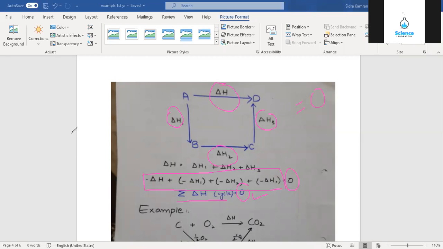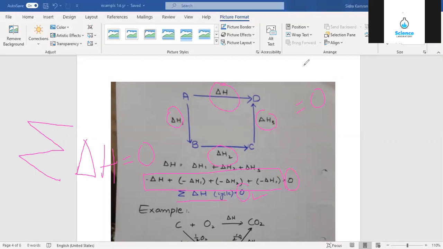This is the sign for summation. The sum of delta H in a cyclic process is equal to 0, because whether you do it in a single step or by many different routes to make the same product, the sum of all the enthalpy changes will be 0 according to Hess's law of constant heat summation.